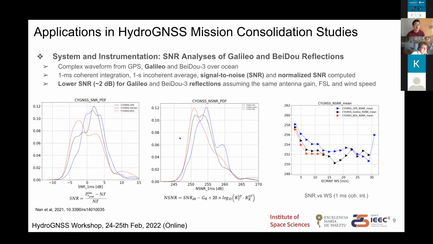We also normalize the signal-to-noise ratio by considering the impact of the antenna gain, the free space loss, and the wind speed. Finally, we can compare the signal-to-noise ratio from different GNSS constellations. It can be seen that the signal-to-noise ratio of the Galileo signal is around 2 dB lower than GPS L1.